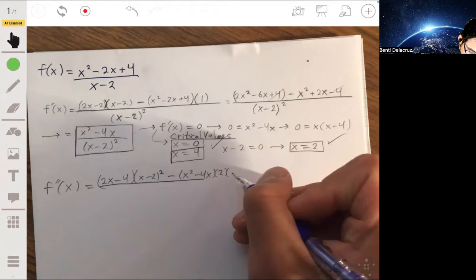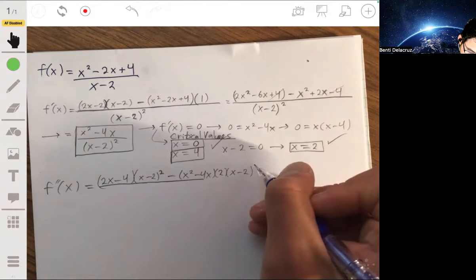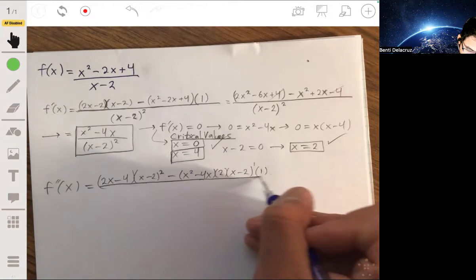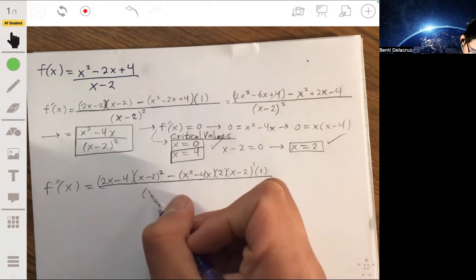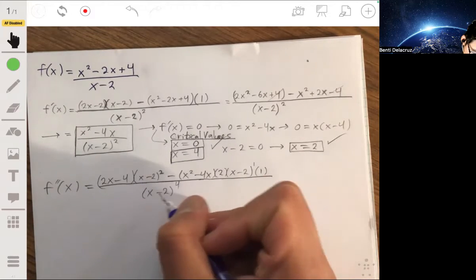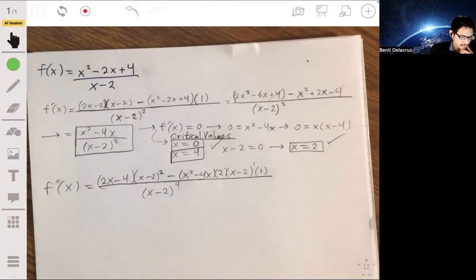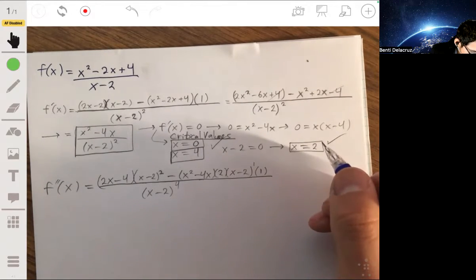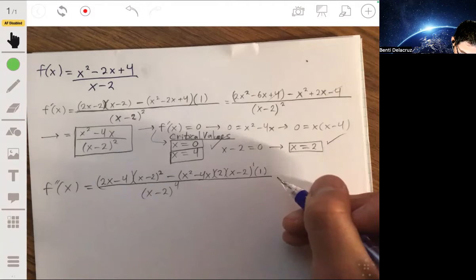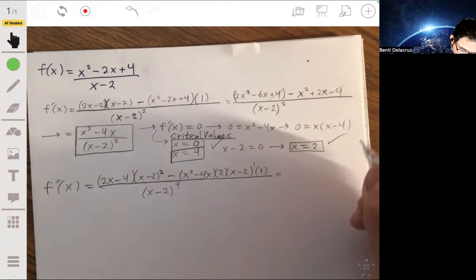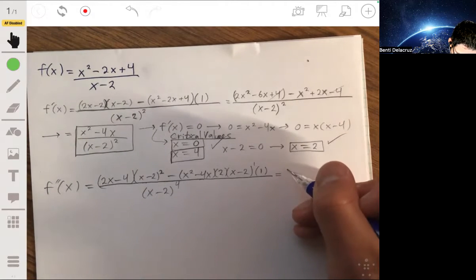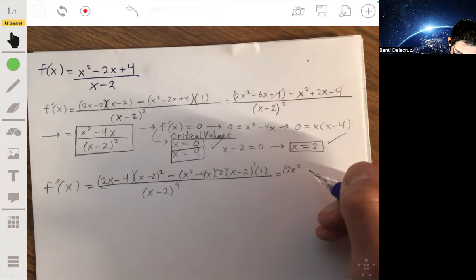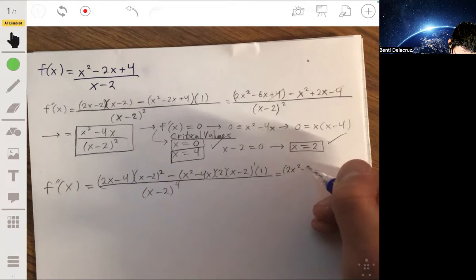It'll be 2 times x minus 2 to the 1, times the derivative of the inside, which will just be 1, all over x minus 2 to the 4th. I think this factors out to give you 8 on top. Let me work it out though, just to be sure. It's 2x squared minus 4x minus 4x minus 8x minus 8.